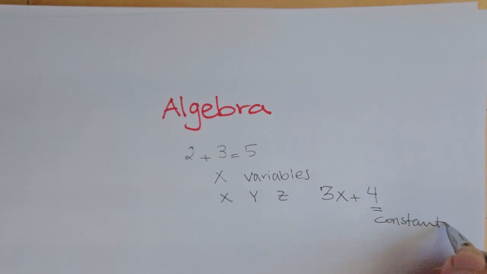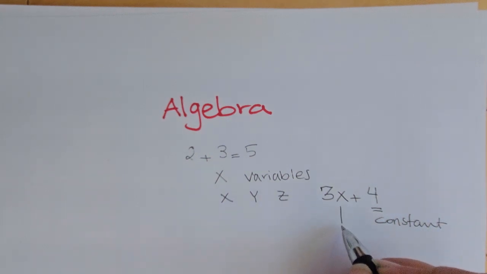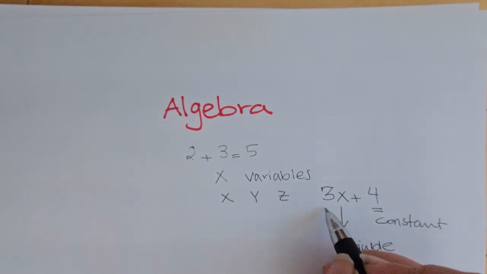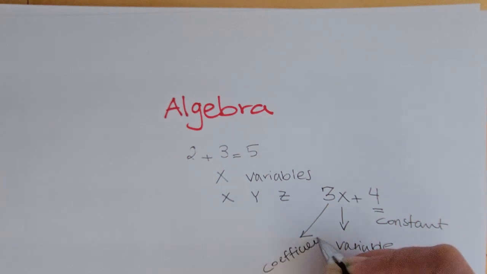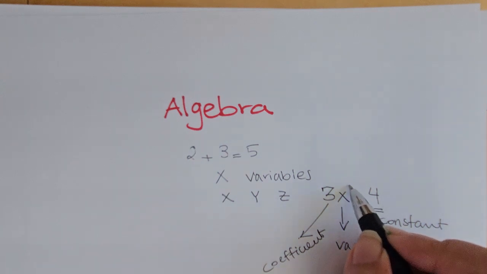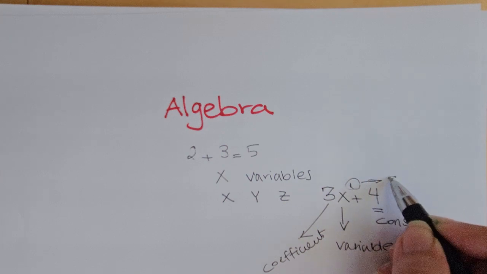It's a fixed value. But here we have a letter, which is called a variable. And then we have a number in front of the variable. This number is called a coefficient. And then here we have an exponent or power.